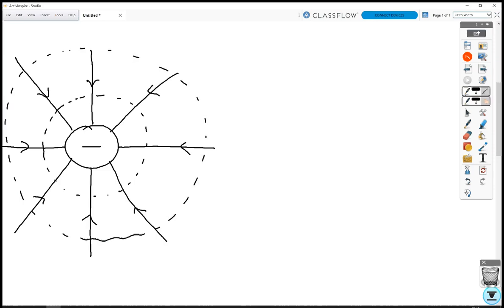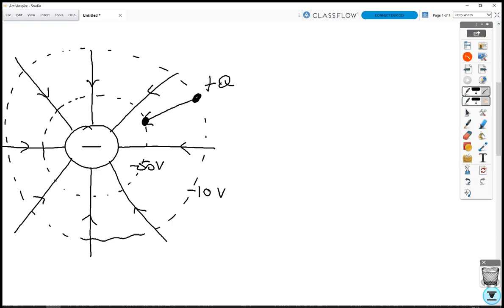So we can call the one on the inside minus 50 volts, and on the outside minus 10 volts. And if we want a positive charge, I'll call that plus Q, to go from that equipotential to the inner equipotential here, some work will be done.